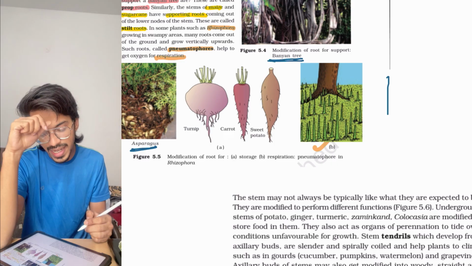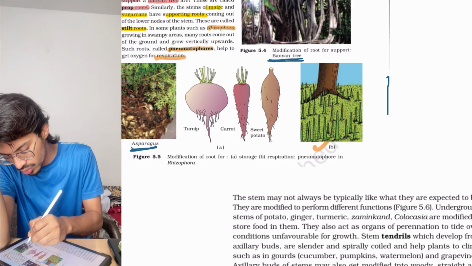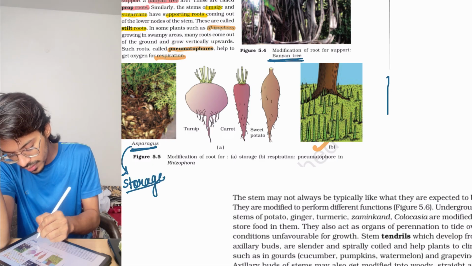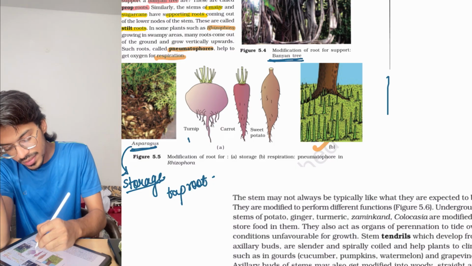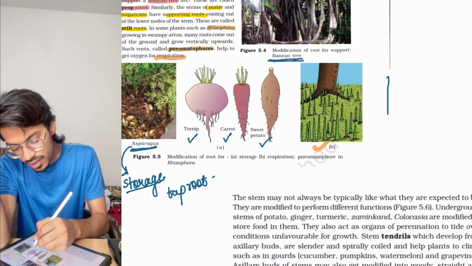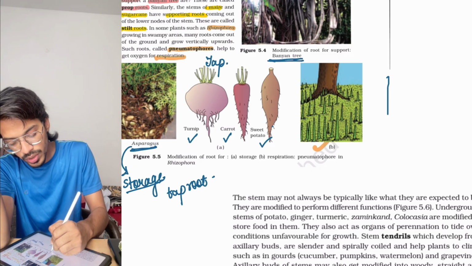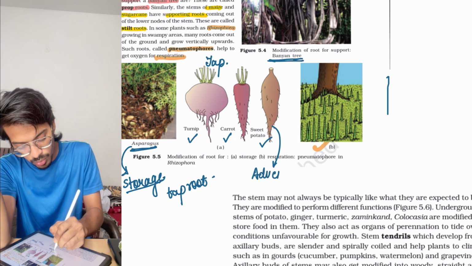Asparagus is also an example of a root for storage. Remember, this is for storage. This is a taproot. Then we have turnip, we have carrot, and we have sweet potato. Here turnip and carrot are taproot modifications, whereas sweet potato is an adventitious root modification.